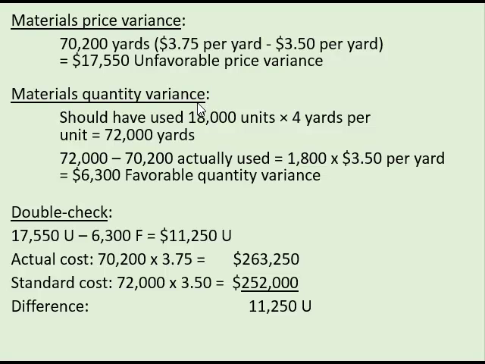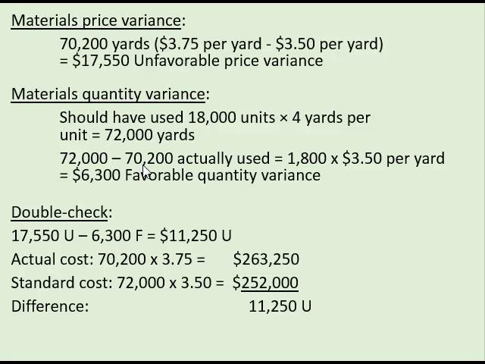Our quantity variance, we're going to start by calculating the difference in quantity, so the difference between what we should have used and what we did use. What we should have used is 4 yards per unit of product. And since we made 18,000 units of product, we should have used 72,000 yards.